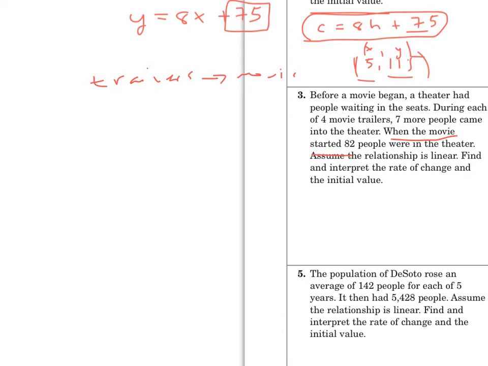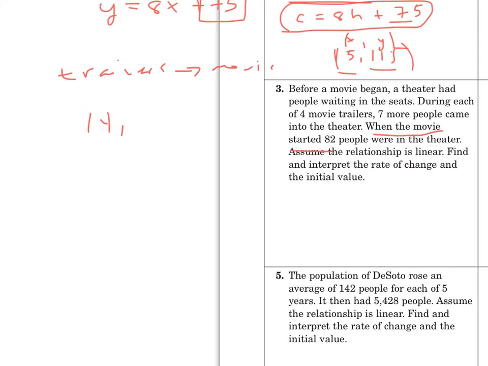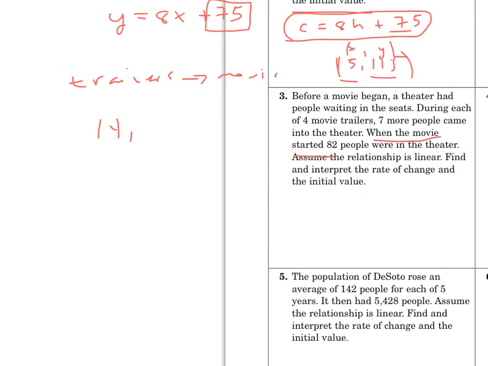So during each of 4 movie trailers, 7 more people came into the theater. So basically what happened is we had 4 trailers. Wow, is this one confusing? The way that it's written.